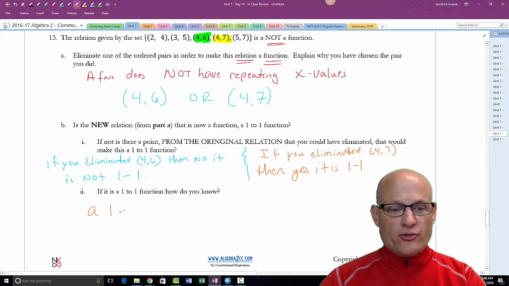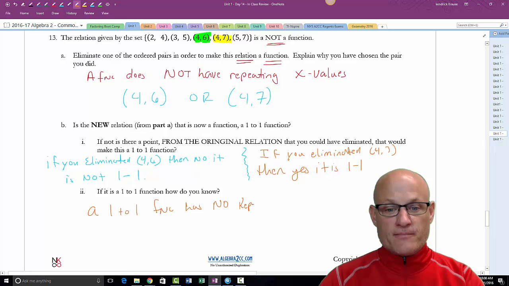A 1-to-1 function has no repeating x or y values.